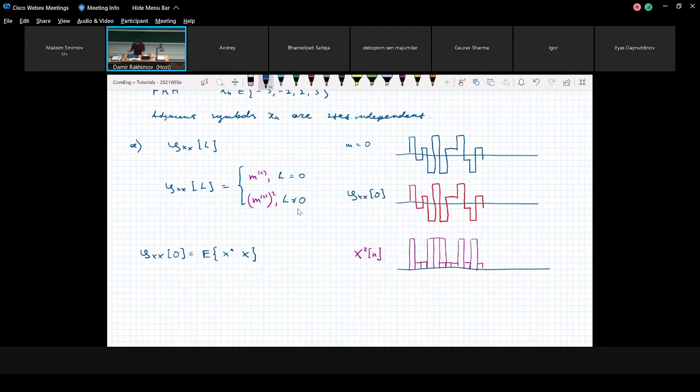In this case, we don't need the conjugate, but I still write it as a general expression. This second moment we can find as the summation of the probability of a symbol times x of n conjugate times x of n, summed over all possible symbols in our alphabet.